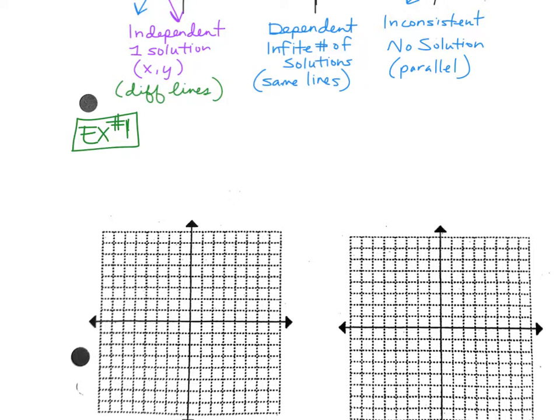So example one here, we are going to solve by graphing. So your system, and I'm going to color code these so that you see which equation goes with which graph. Sam, would you like to pick my colors? Just don't use red and green.